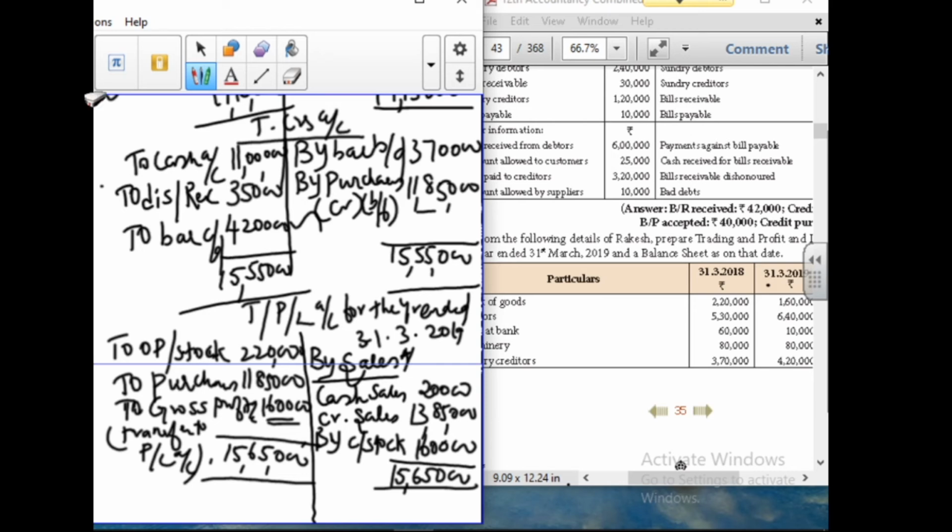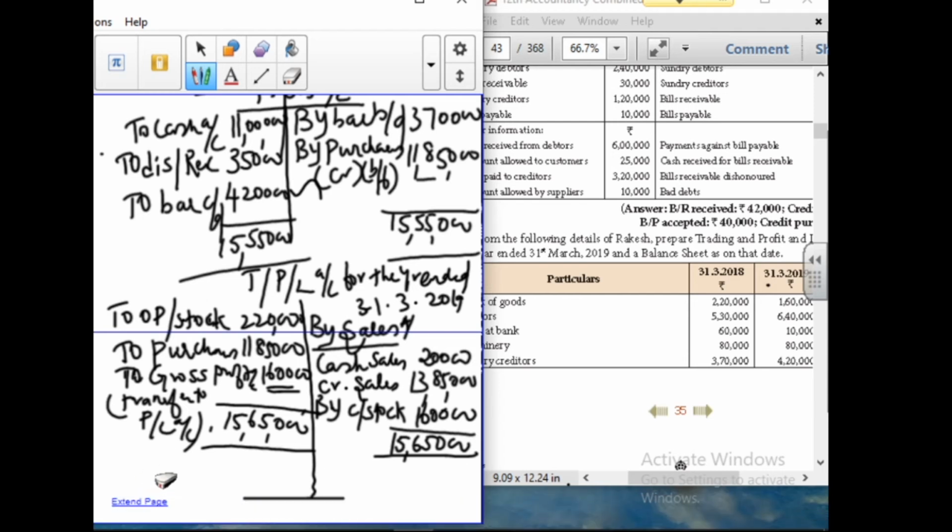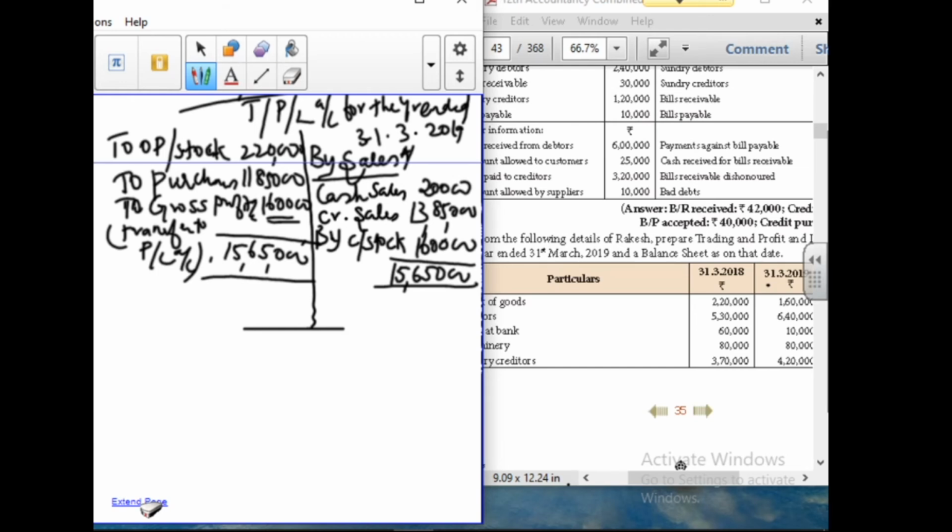And next, we are going to prepare the profit and loss account for the year. The profit and loss account will start with by gross profit. Gross profit amounting to 1,60,000 under the credit side. Next, discount received. First, we'll make a credit side entry.